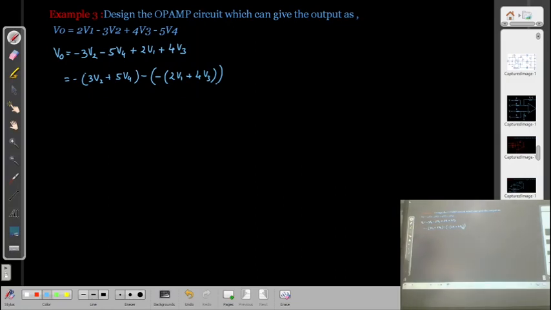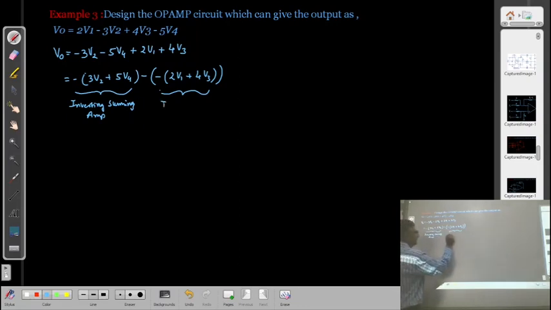So, through this expression, you come to know that here we have to take the addition of these two voltages. Here also, I have to take the addition of these two voltages. It means for this, I can use a summing amplifier. But here the negative sign is there, so we have to use an inverting summing amplifier. Correct?